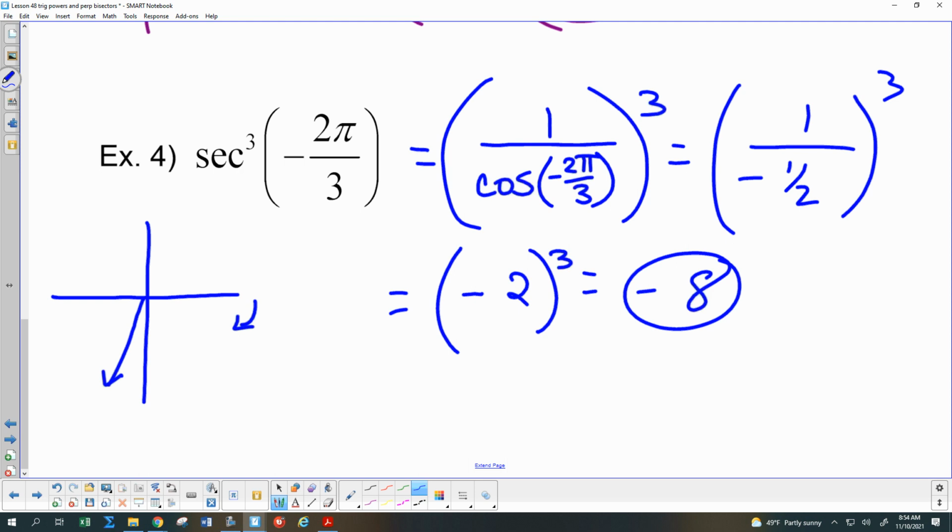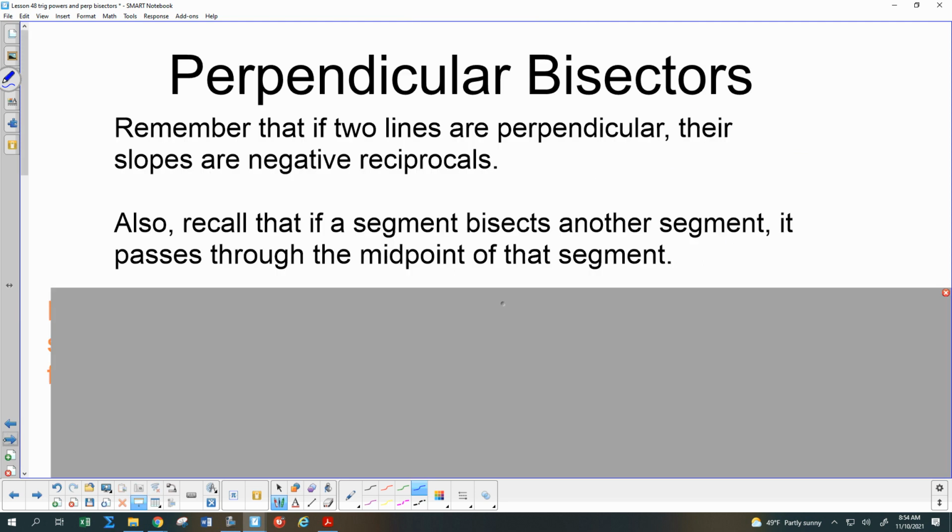Okay, then let's move to that other topic, finding equations of perpendicular bisector lines. So a little bit of review. If we're talking about a perpendicular bisector, we're going to be doing the equation for a line that's perpendicular. And we need to remember that perpendicular slopes are negative reciprocals. So if one is A over B, the other one is the opposite of B over A. So remember that.